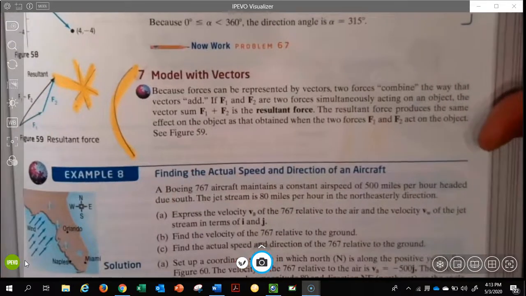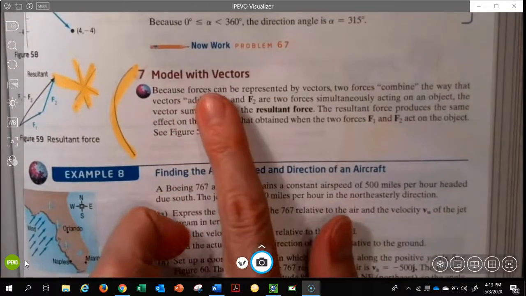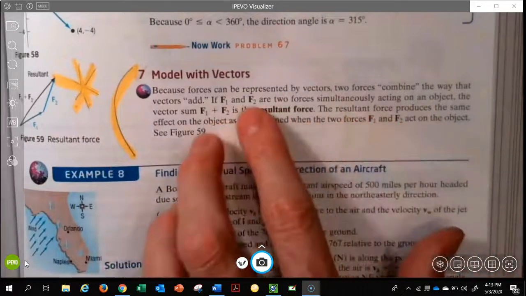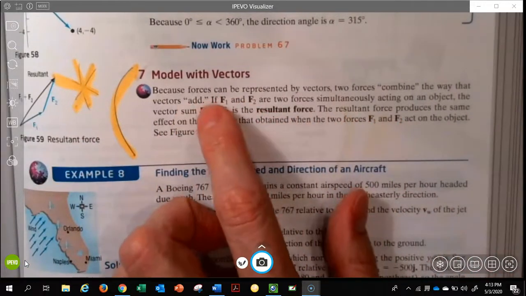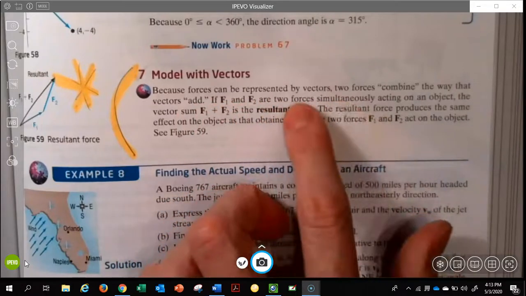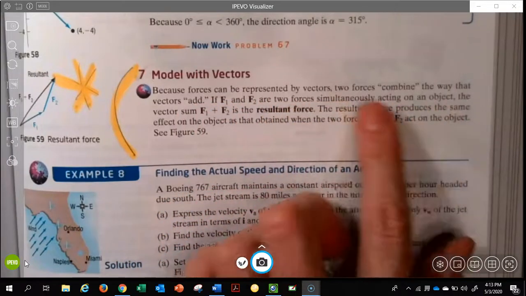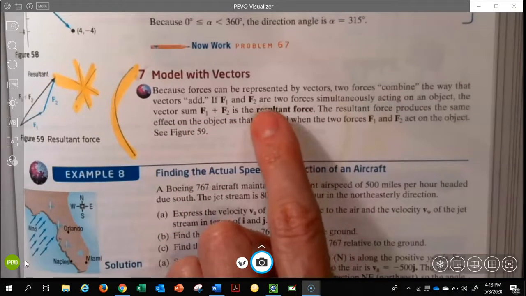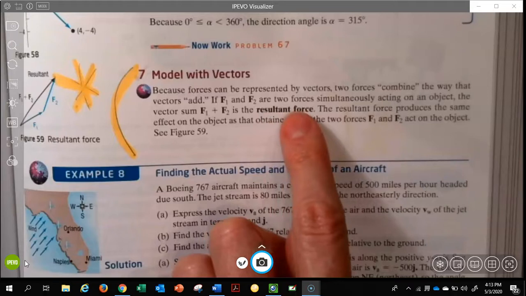On page 617, it says a model with vectors. I just want to mention a couple of other things for you to highlight and underline. It talks about adding. If you take two forces, which are vectors, and add them because they're simultaneously acting on an object, then you get a vector sum, and it is called a resultant force.